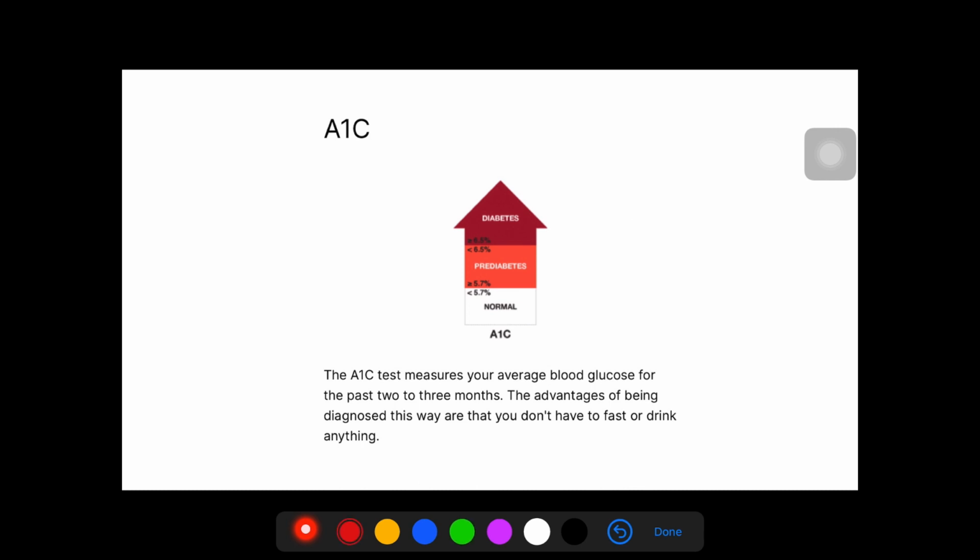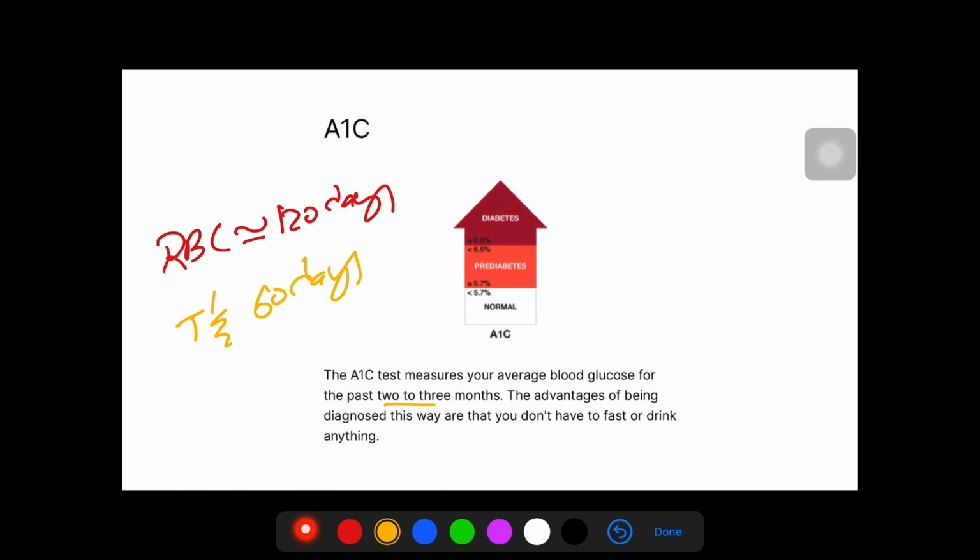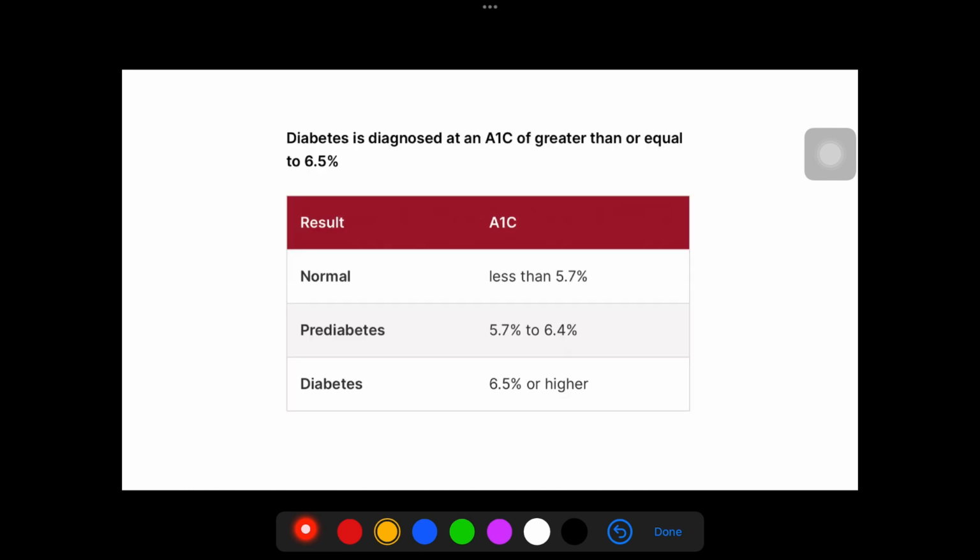Now A1c measures your average blood glucose for the past 2 to 3 months. The lifespan of RBC is approximately 120 days. The half-life of RBC is 60 days. So approximately we can measure the average blood glucose of the past 2 months using HbA1c, though clinically we say it as the past 3 months.